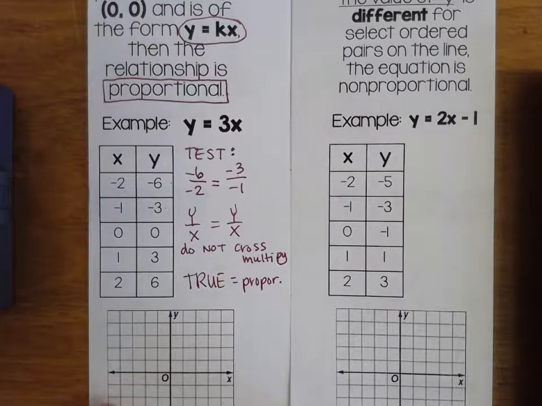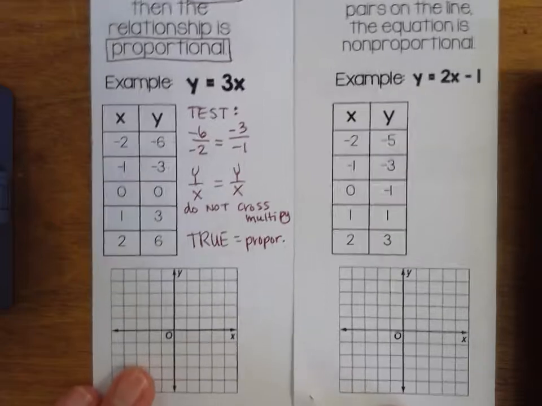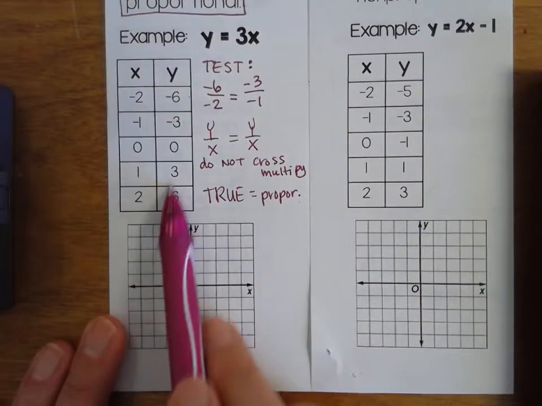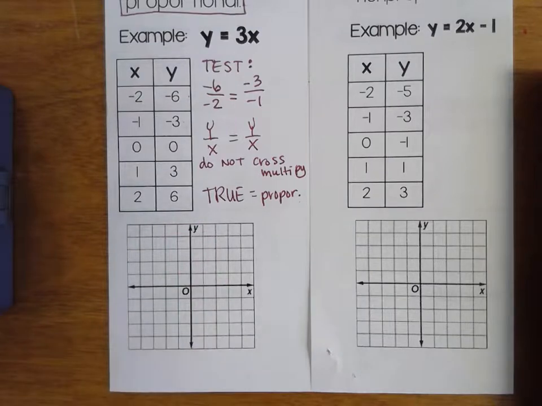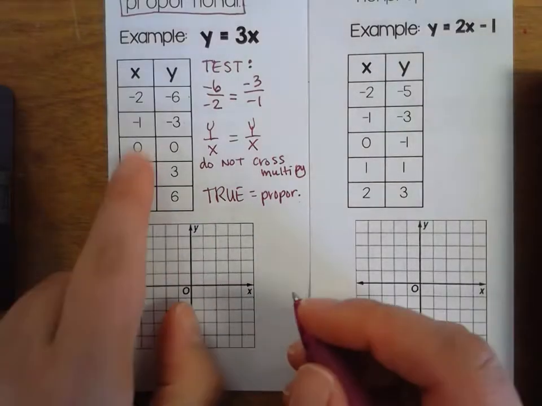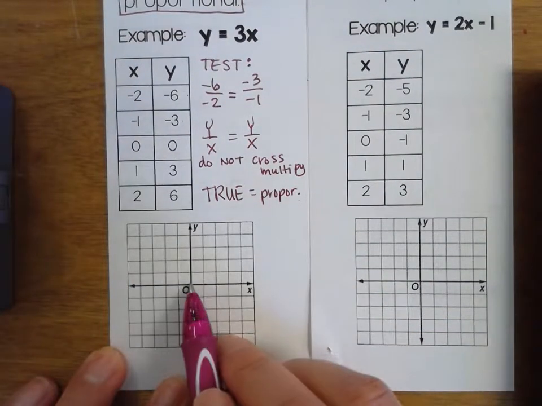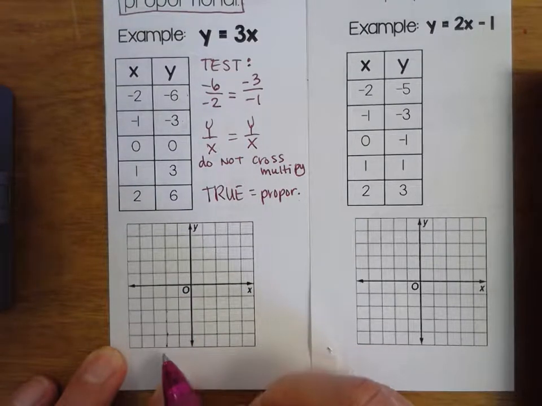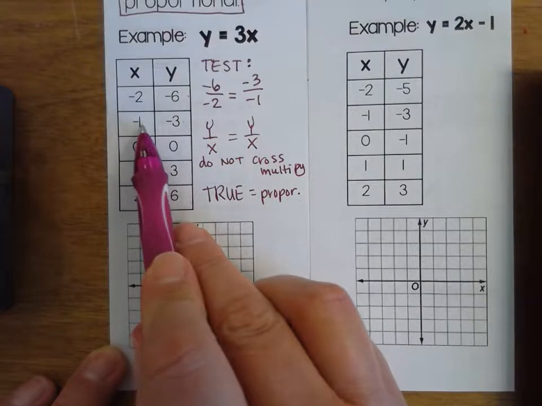Okay? And this next part, pretty easy. We're just graphing it. Whatever points are in the table, I want to go ahead and plot those. So I've got (-2, -6). Here's -2 on x, then down -1, -2, -3, -4, -5, -6, which is off the paper. So maybe I move to the next one. I say (-1, -3).